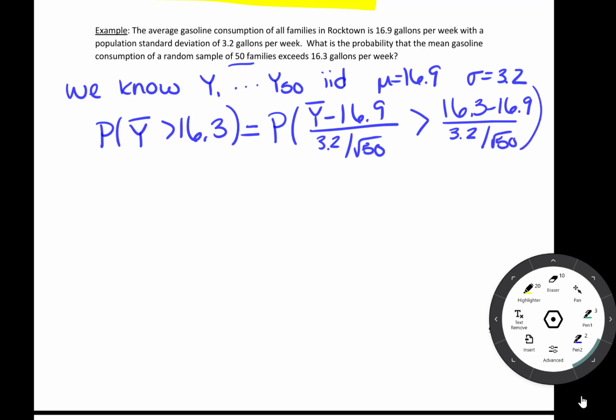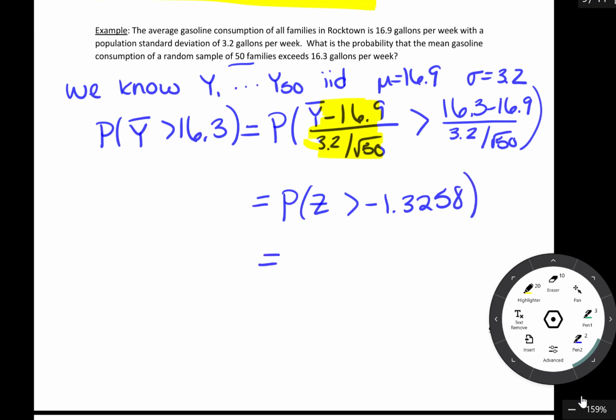Notice we know the distribution of this piece right here. So by the central limit theorem, this is equal to the probability that z is greater than negative 1.3258. And then again, just like we saw way back in a previous module, we can use R to help us find these probabilities. So this is equal to 0.9082.